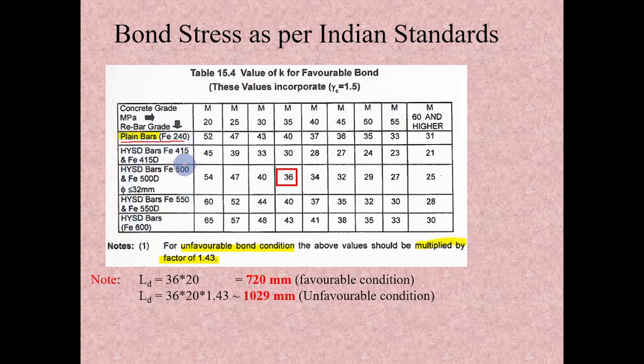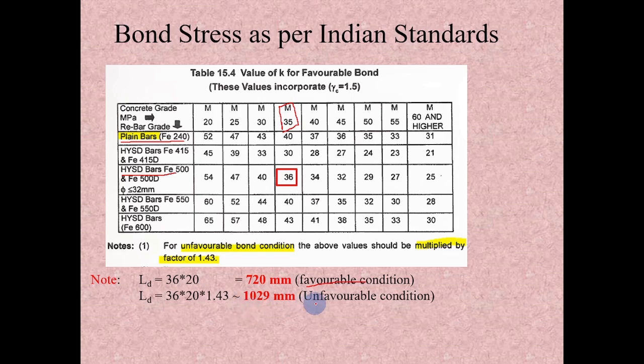In our case we are considering M35 grade concrete and Fe 500 steel. For that we have 36 as the K value. So 36 into 20, so 720 mm development length is required in case of the favorable bond condition.